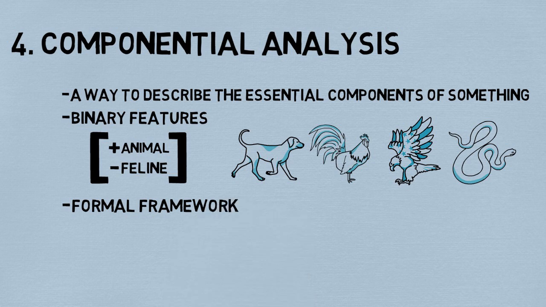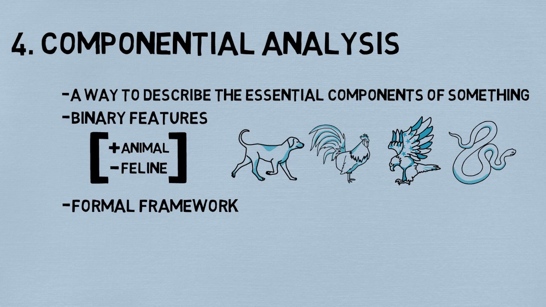Componential analysis is a formal framework. It is a way of describing things with a particular style and convention of notation. It is not a claim that this is how the mind actually stores information about objects or people.